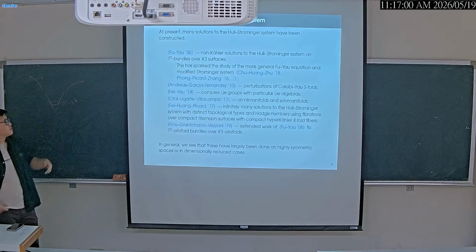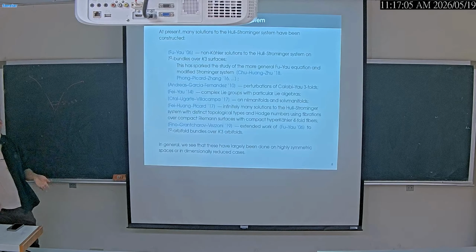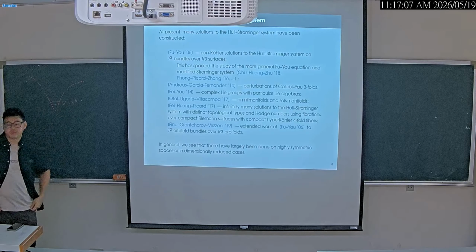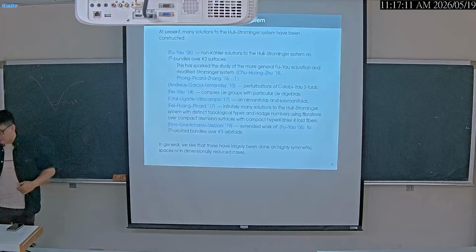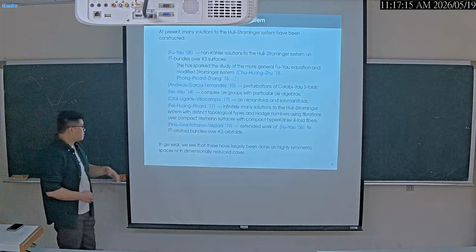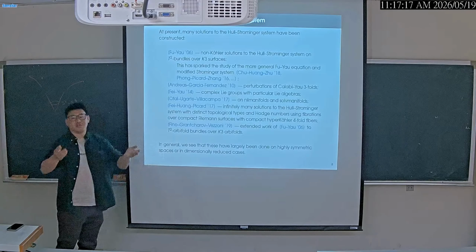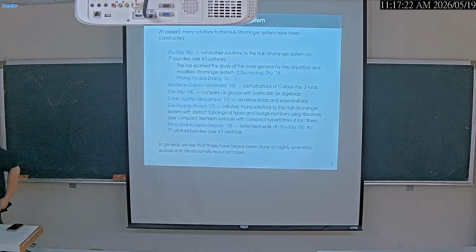So for most of them, they have to take a bundle over the base manifold and then solve the system. But this is just the model of the base that they're looking at. Yeah. So done on some dimensionally reduced cases or highly symmetric. That simplifies the equations slightly. We can choose an ansatz and try and solve these systems.